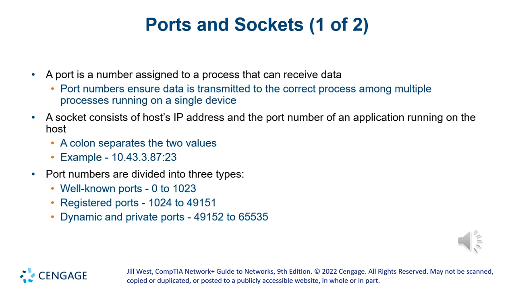If you want to watch news, you tune to that channel, and you only watch sports on that other channel. If you go to the sports channel waiting for the news, you're never going to get it unless there's sports news, right? So that's why there are ports assigned to certain processes in networking.